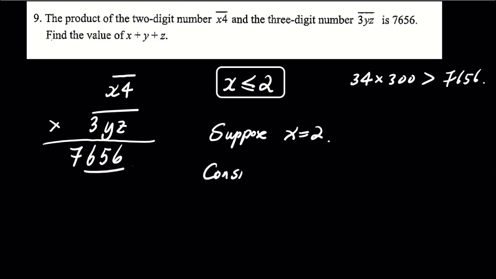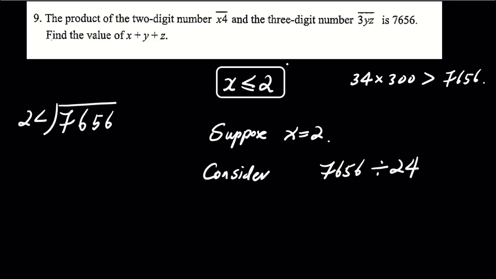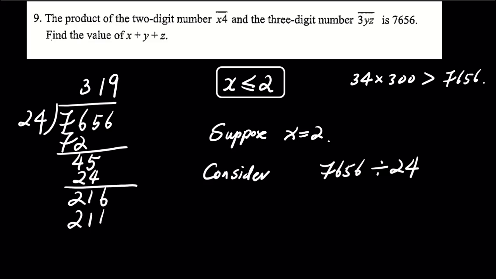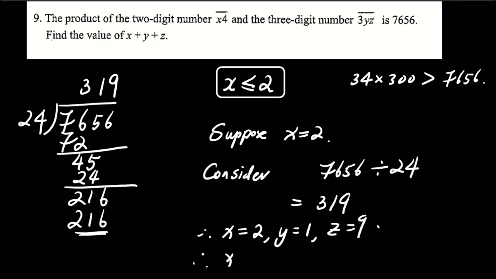Now dividing 7656 by 24 gives us 319. Therefore, the values of x, y, z are 2, 1, 9. And consequently, x plus y plus z equals 2 plus 1 plus 9, which is 12.